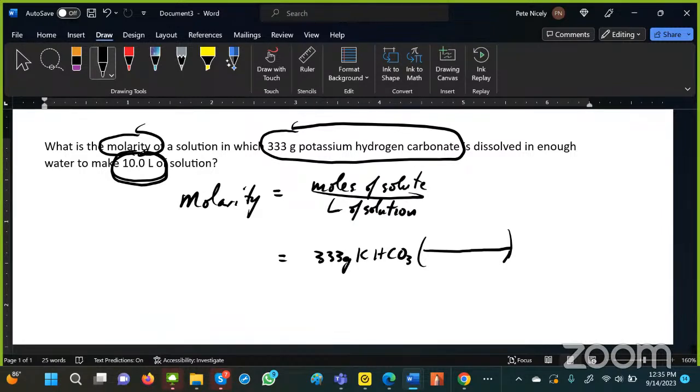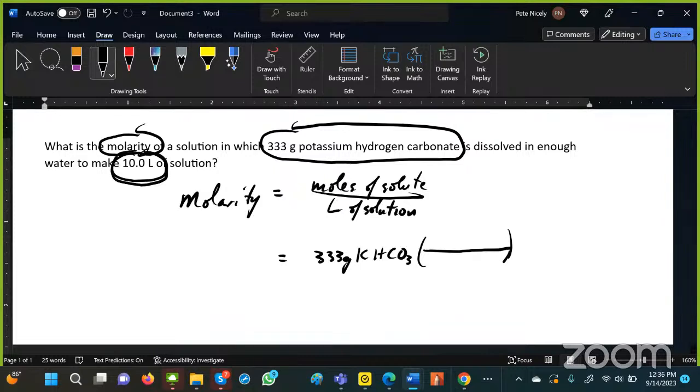So potassium would be 39.10, plus hydrogen, which is 1.008, plus carbon, which is 12.01, plus 3 oxygens, that's 3 times 16, 48.